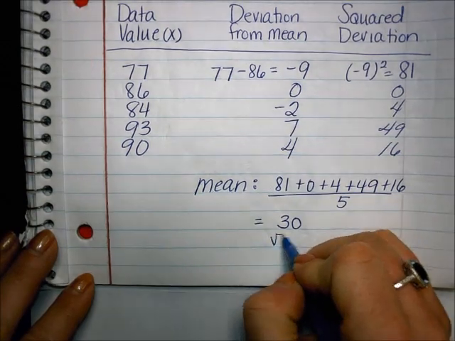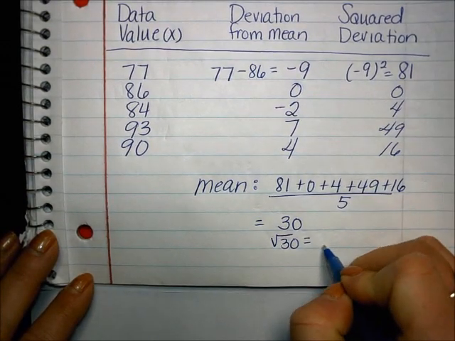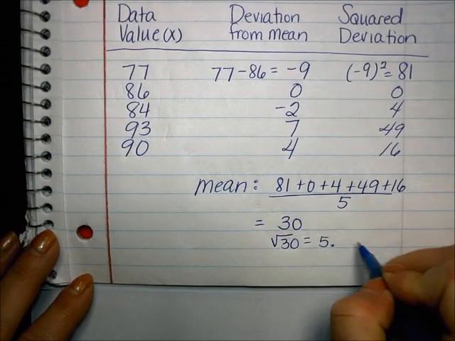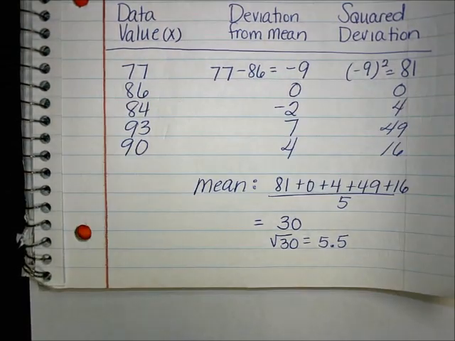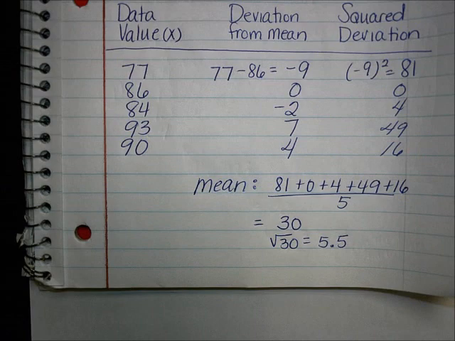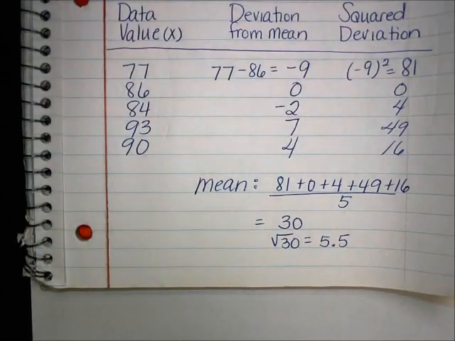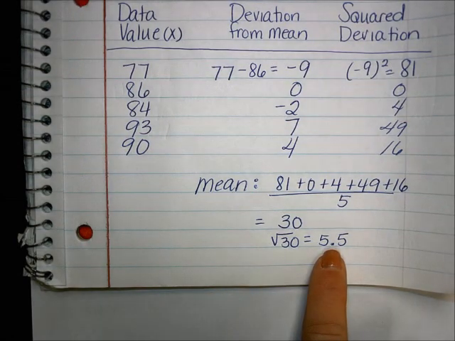So if we do the square root of 30, and we can round it because it's irrational, we can just make it 5.5. 5.5 is the standard deviation. So if 5.5 is the standard deviation, here's what that tells me.